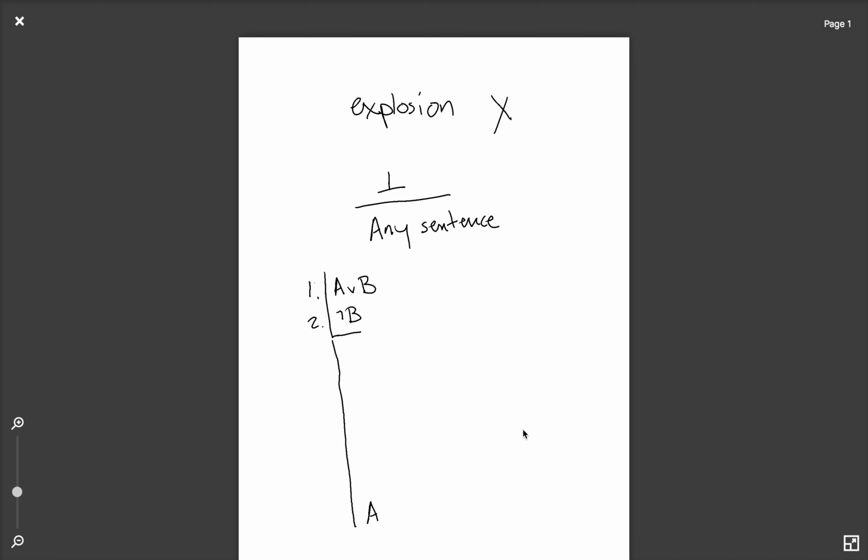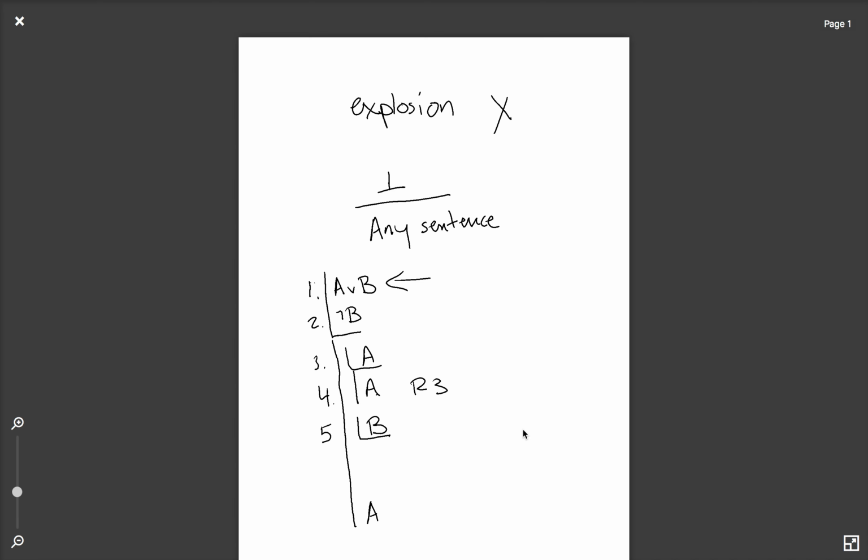Now, I'm going to use a strategy of disjunction elimination to begin with, because this premise is a disjunction. So I'm going to take my first possibility of A, and I'm going to prove easily that A is true based on A, reiteration of line 3. Then I need to explore the second possibility of B.